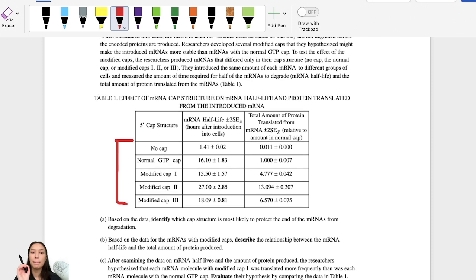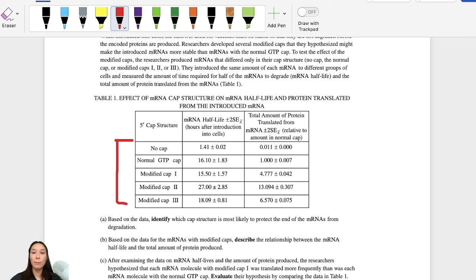So, in case you've never looked at what half-life is, again, it's the amount of time required for half of the mRNAs to degrade. So you have to think about whether you want that number to be small or you want that number to be high. The amount of time for half of it to degrade. You would want that number to be quite high, right?